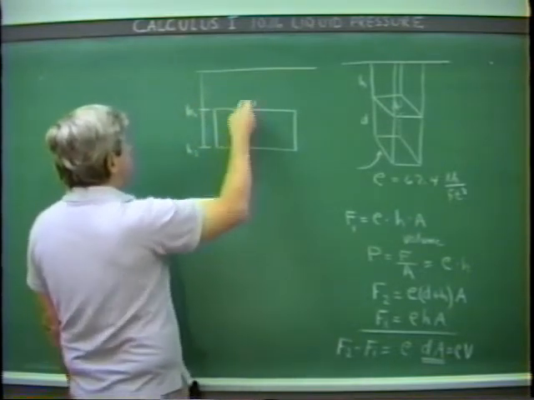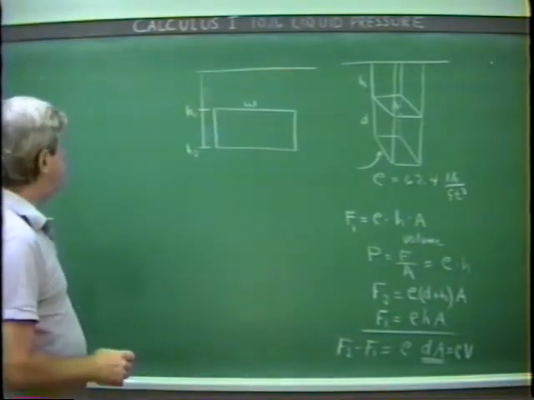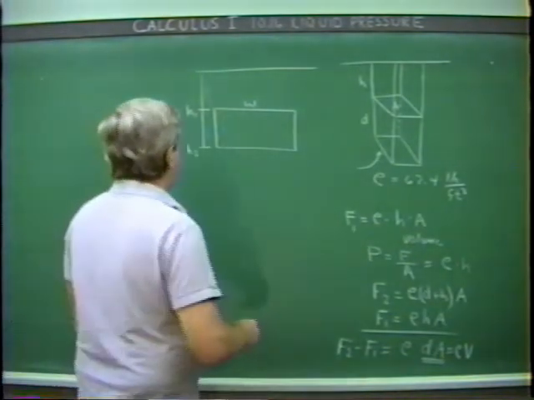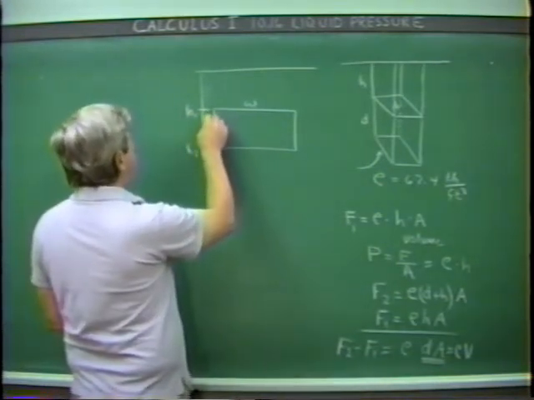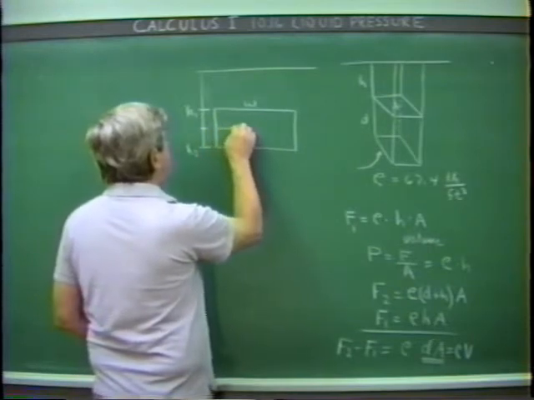So this is h2 to here, h1 to here. Right? And now we're presuming that this rectangle is submerged vertically.